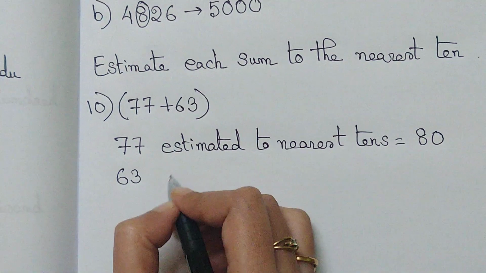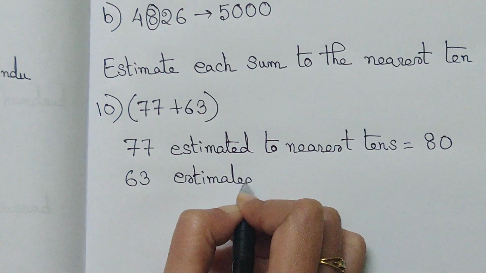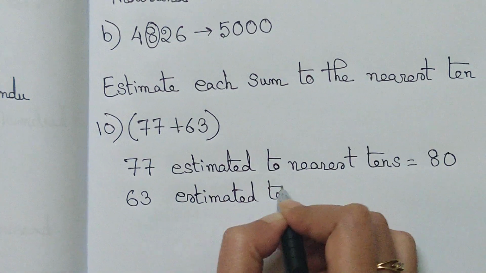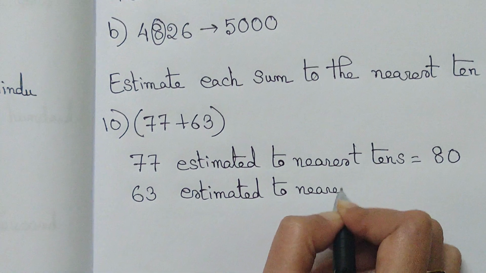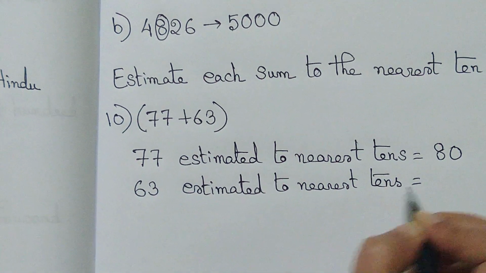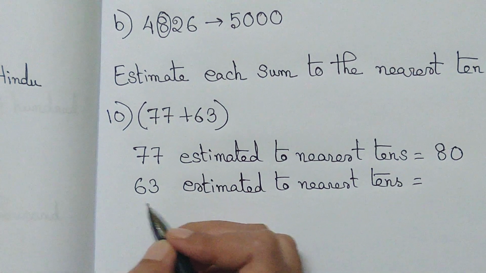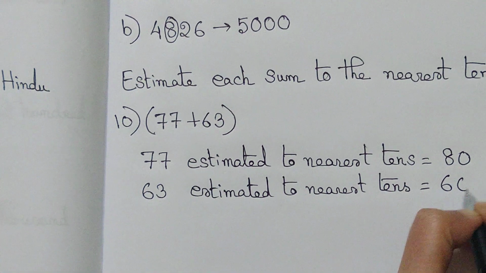Again 63 estimated to nearest tens is equal to 3 is less than 5. So 6 will remain as it is and 0.